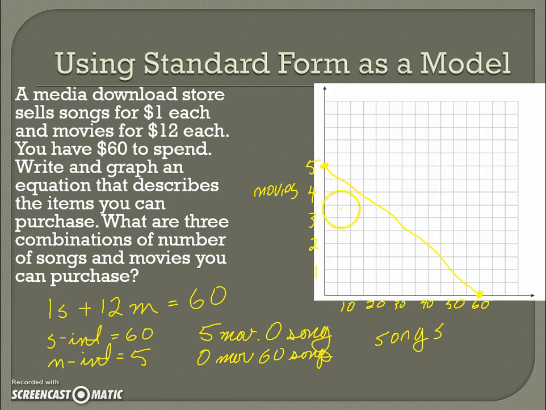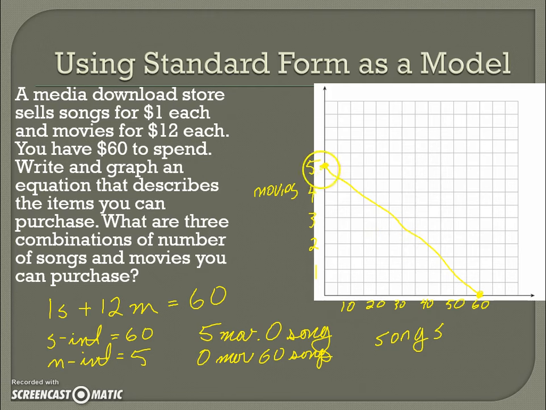And this is where we're kind of looking at what these different values are. So here I could do, if I did like 3 movies, here you're going to have to use a little bit of math, but 3 movies looks like it's not quite the 30. It's somewhere in between these two. This is actually off. My graph isn't straight, so I have to use a little bit of math.